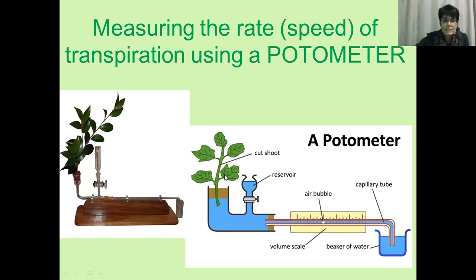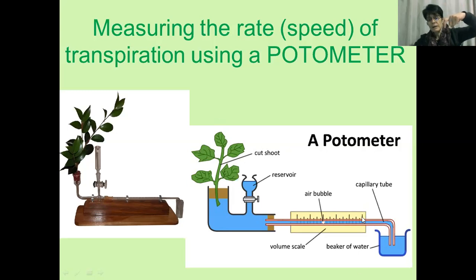You put your little plant in over here, and as this plant transpires, you can measure how much water is lost through the leaves. What you do is lift this little tube out of the beaker, get a little bubble in here, put it back in, and then wait until the water is transpired and pulls through and out the leaves.